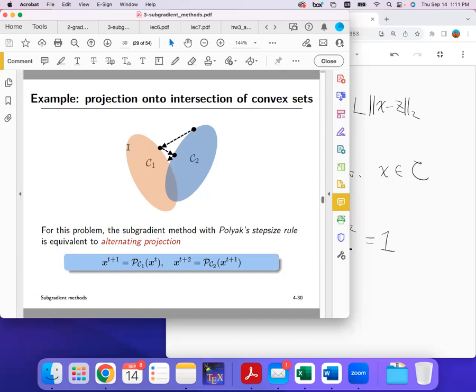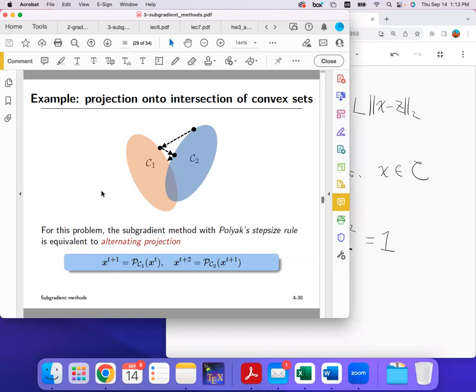Apparently C1 is farther away than C2, because the distance between the point and C2 is 0, so you simply project onto C1. Once you are on C1, you project onto the set that is farther away, and since the point is on C1, you project it onto C2. So it is always alternating between these two sets. This exactly recovers the alternating projection algorithm.